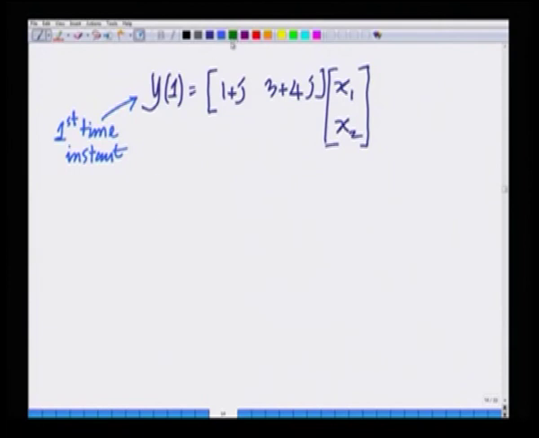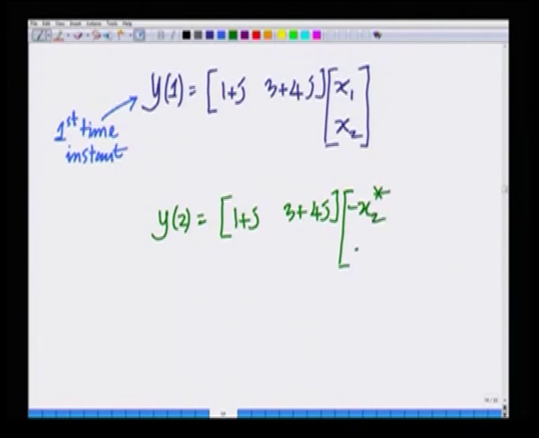In the second time instant, remember, I am transmitting minus x 2 conjugate, x 1 conjugate, hence this is channel 3 plus 4 j, minus x 2 conjugate, x 1 conjugate. I can take y conjugate 2 at the receiver.